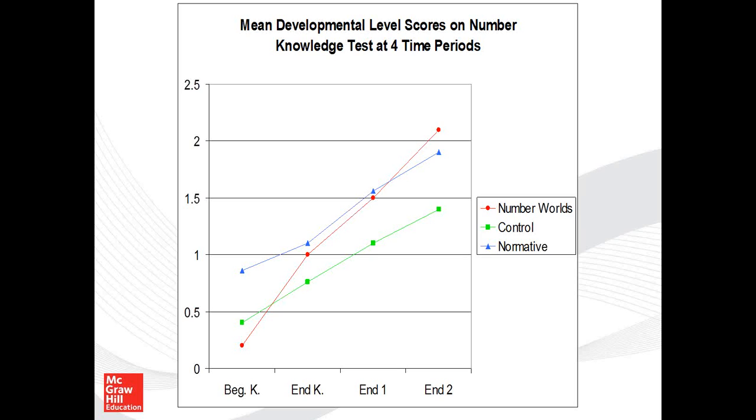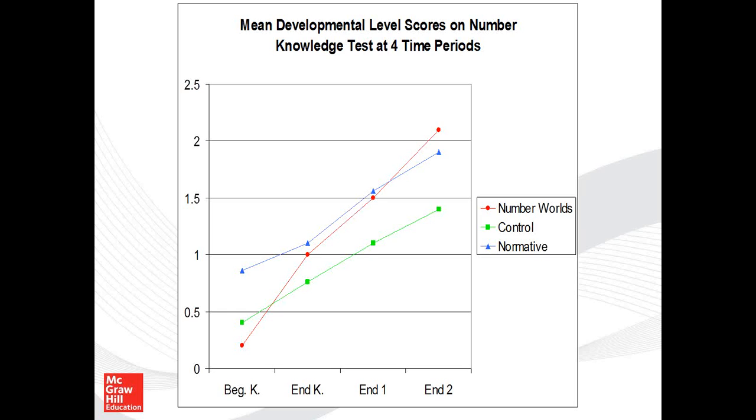By the end of kindergarten, they've made dramatic progress. They're statistically similar to the normative group, which is the middle income group. At the end of first grade, they're maintaining their strong performance, indistinguishable from the normative population. And at the end of grade 2, they've even surpassed them in conceptual understanding of number.